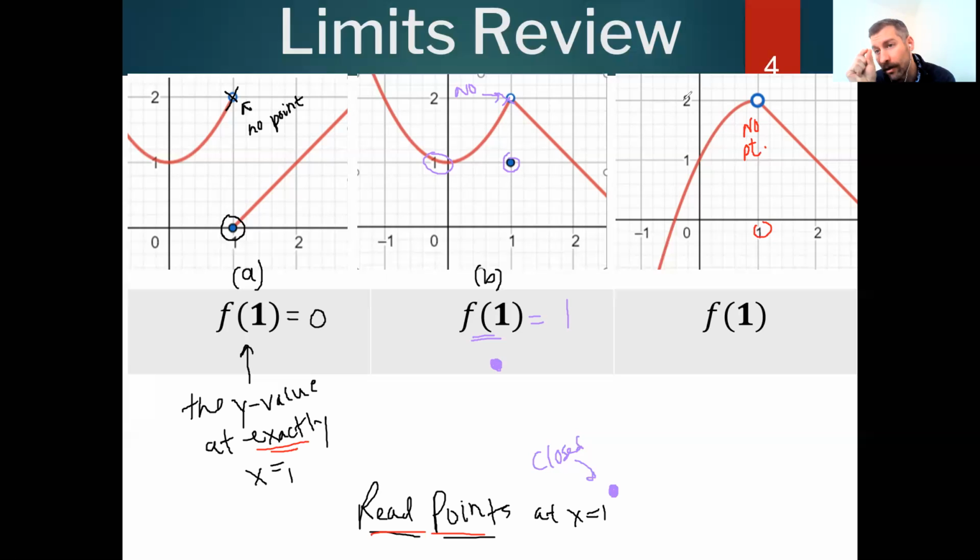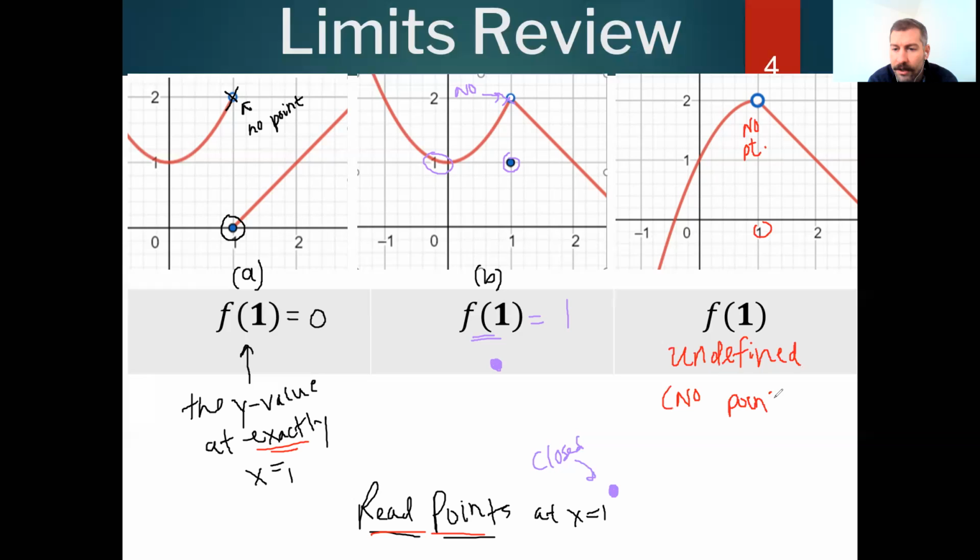Think about that as being a little gap in our graph that actually doesn't exist. There is nothing there. So when I'm asking you, what's the y value at 1? Well, there is nothing at 1. So therefore, this would be undefined. Some people might be inclined to say DNE, but for these, I prefer to say undefined, and that's because there's no point.